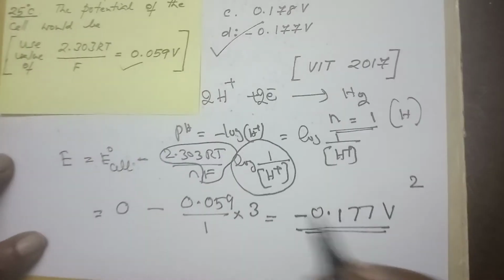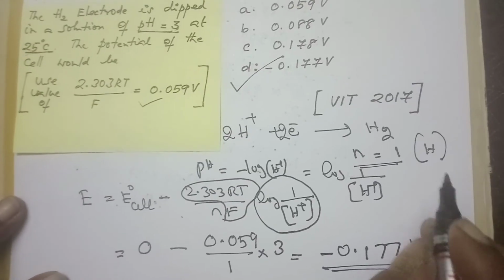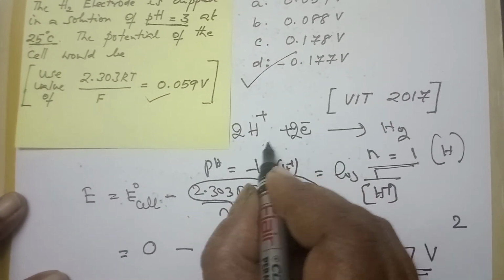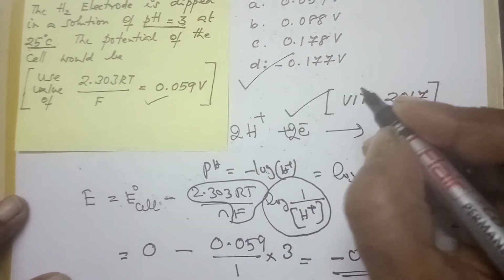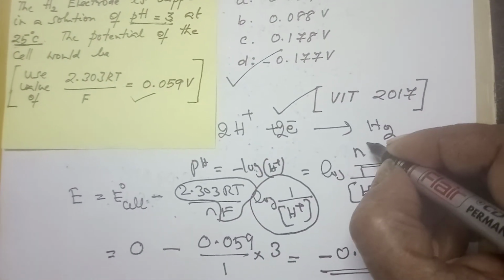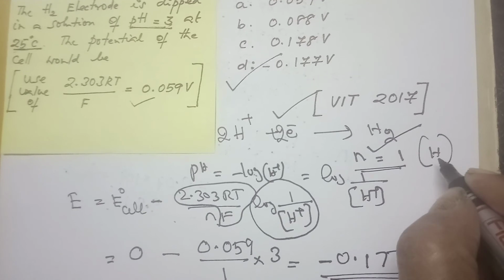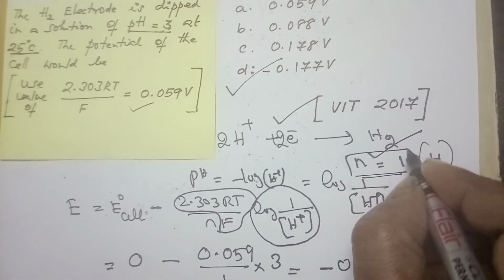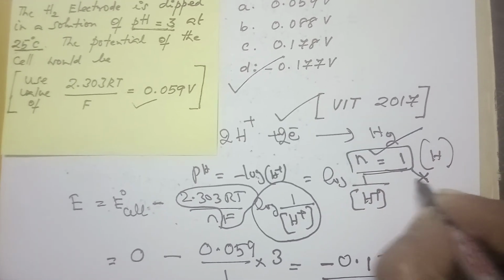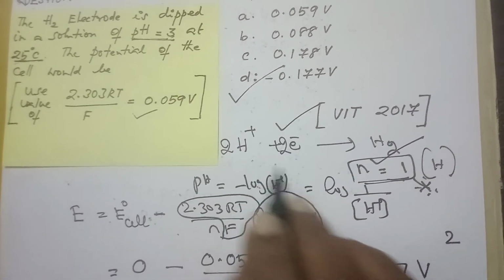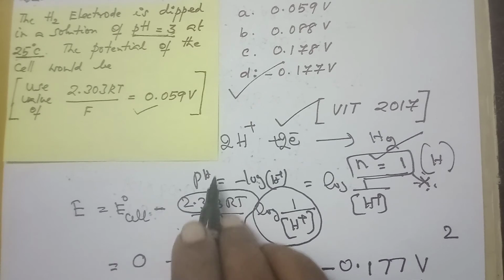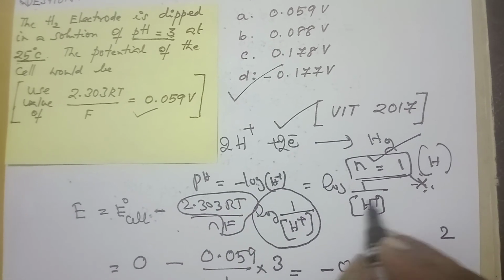Now let us go one more time, giving the important points again. First, you have to take the reduction reaction. Second, you have to take only one atomic hydrogen. This is a very important point: N should be only 1, and since N is 1, the stoichiometry is 1. Next, you need not substitute the hydrogen ion concentration.